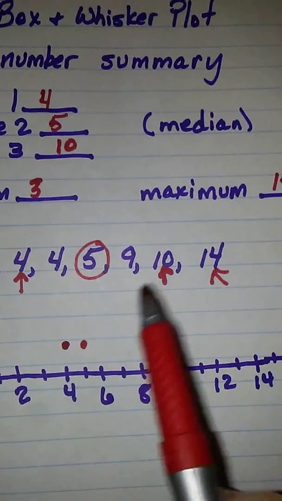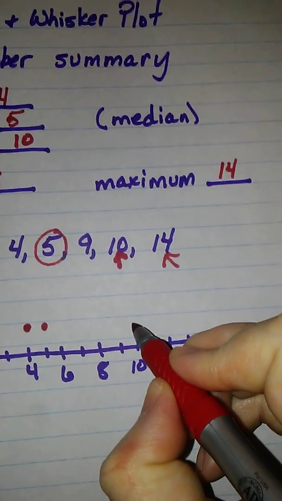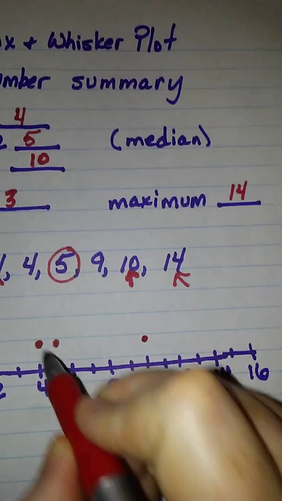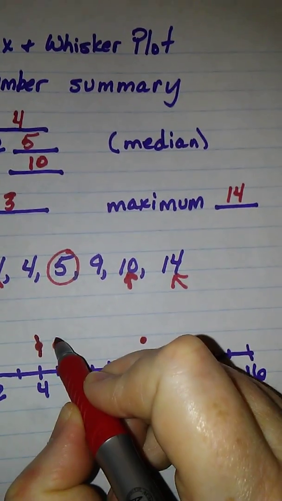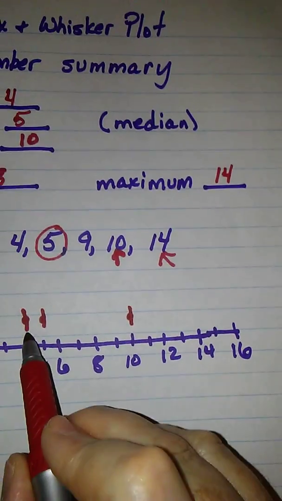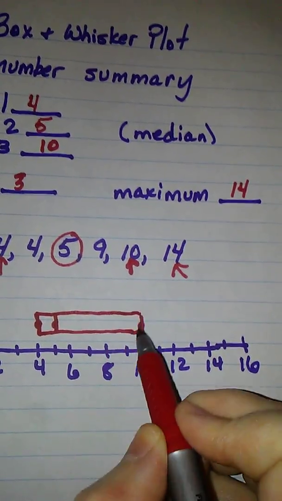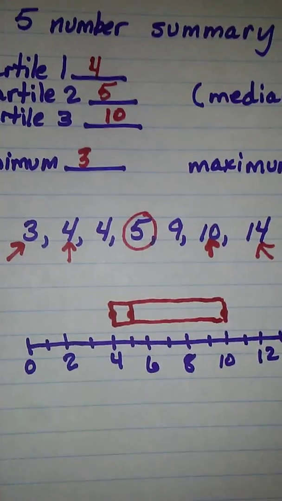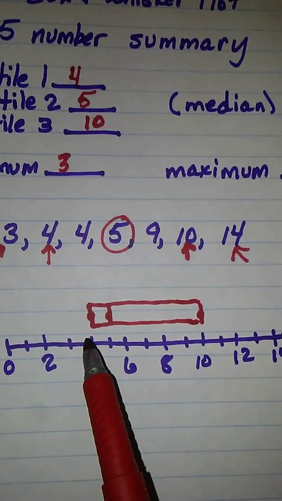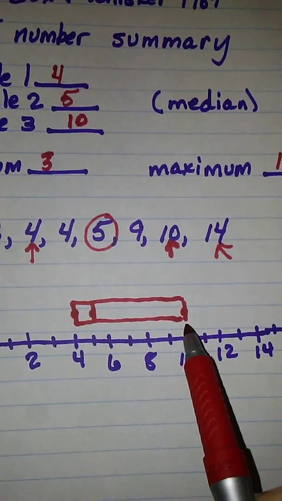Then I'm going to put the third quartile, which we found to be 10. And I'm going to draw vertical line segments through those 3 points and connect them. Students, what you have just made is the box. So we had quartile 1, quartile 2, or the median, and quartile 3.